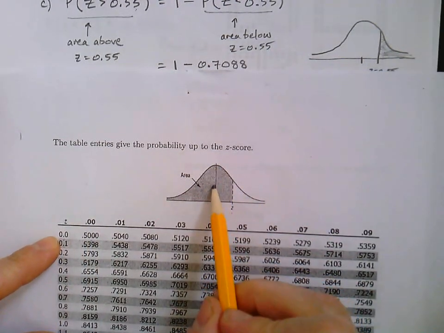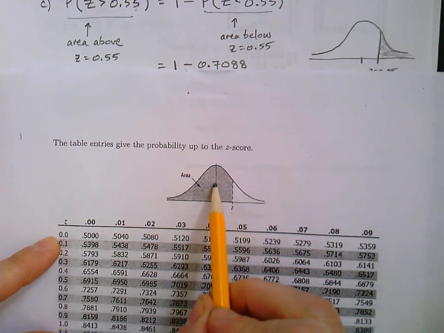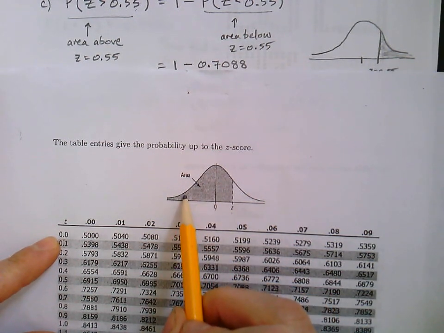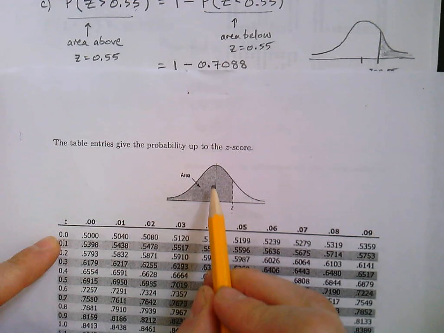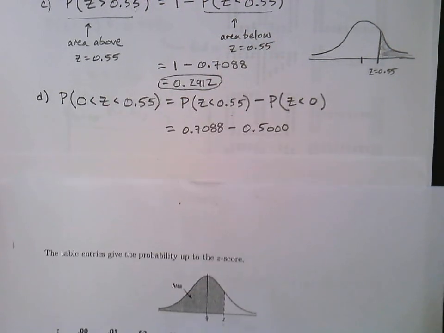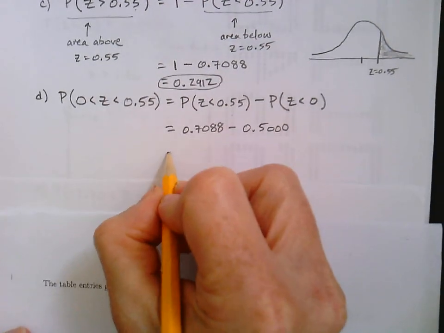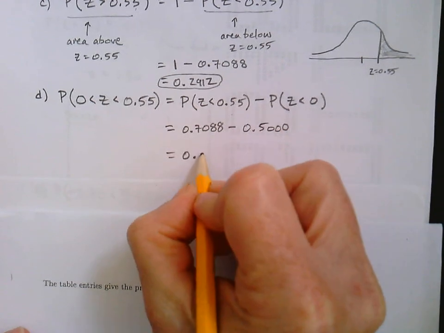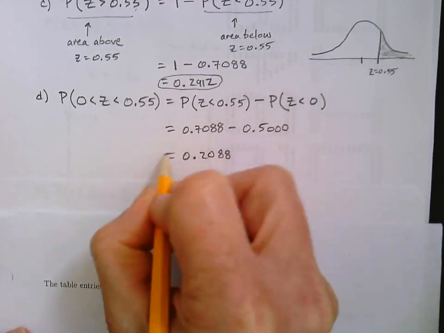Because if I'm right at the center at z equals 0, exactly half of the probability is less than that, and half is above as well. Okay, that makes sense. If we subtract these, we'll have our answer, 0.2088 in this case.